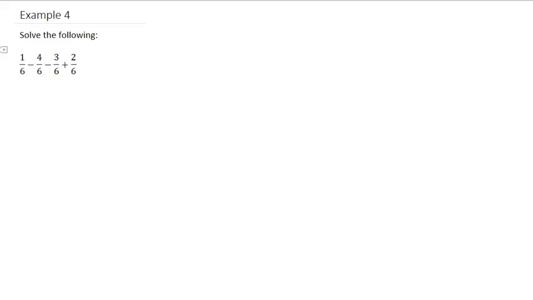Example 4. Now we have 4 numbers that we need to either add together or subtract. So we have 1/6 minus 4/6 minus 3/6 plus 2/6. Now, we can do this in multiple steps.